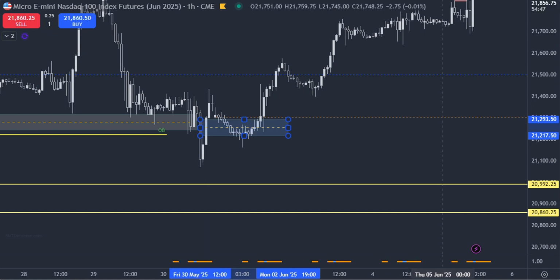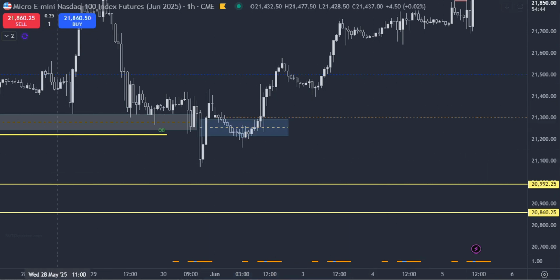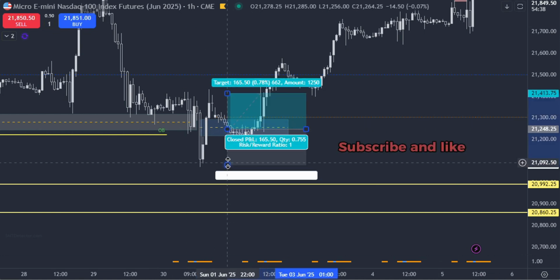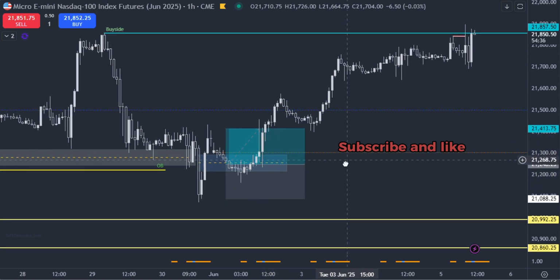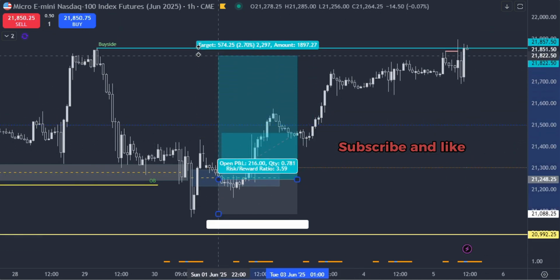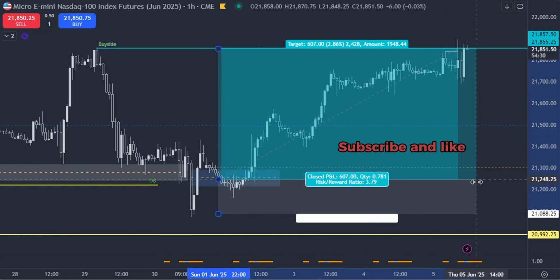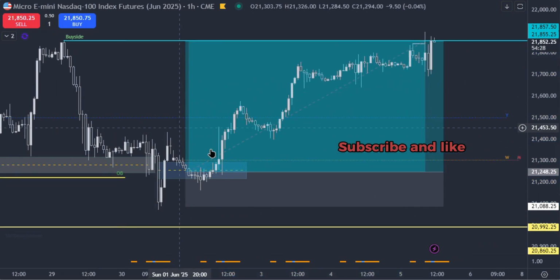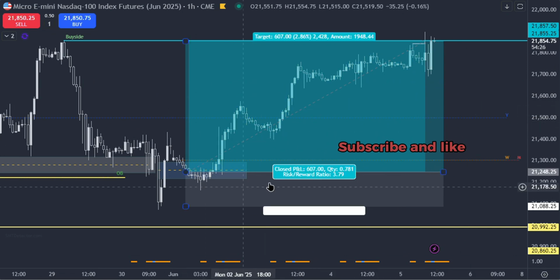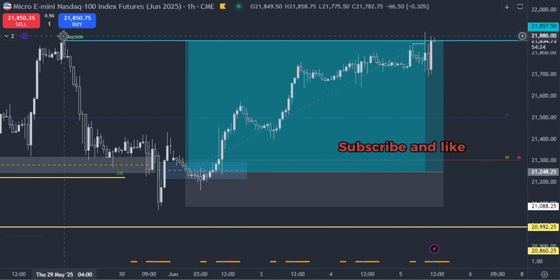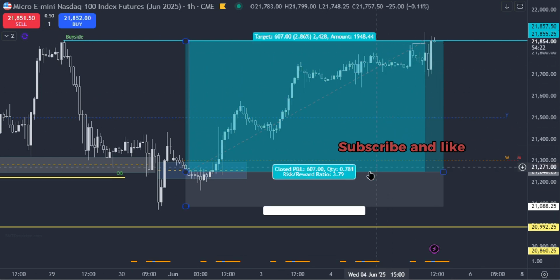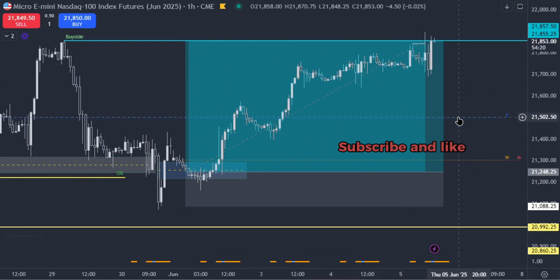Let's go blue. And then you can enter here, put it at the low, and then target the daily high, which gives you almost a 4-hour trade. And after this completes, that completes the market maker buy model on the daily hourly time frame.